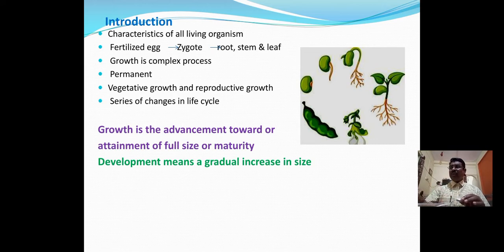So we all know that a gradual increase in the size is called a development. The growth in the plant can be considered as increase in the size of a cell or cell enlargement, cell division associated with synthesis of new cellular material or the organization of subcellular organelles.